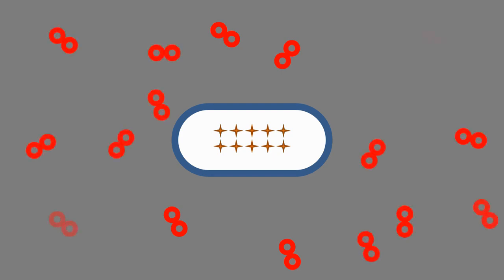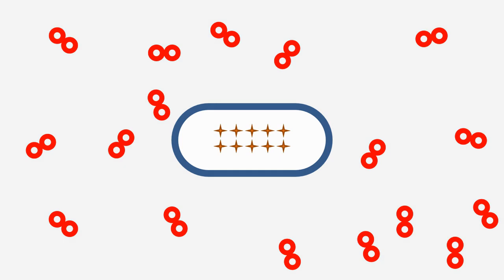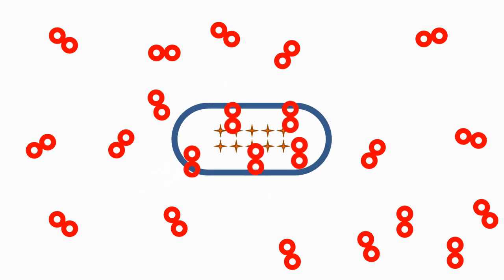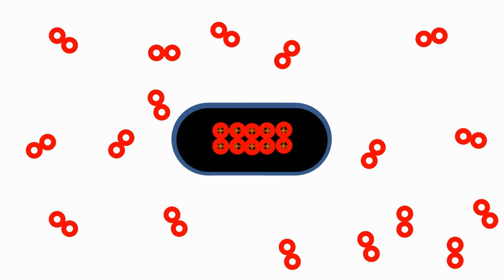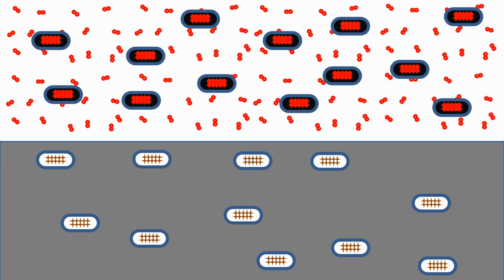Later, photosynthesis began and oxygen got accumulated in the environment. Oxygen entered the bacterial cells and oxidized the iron-based cofactors, inactivating their enzymes. In this process, the bacteria were killed.